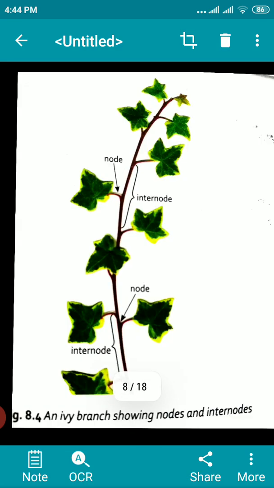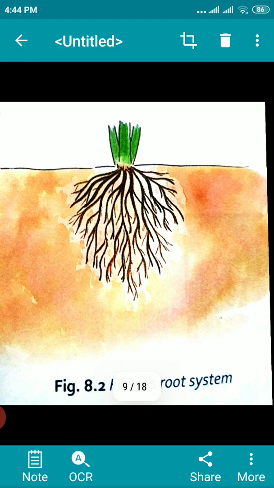Now let's see what are the functions of root system. The functions of root system are: the root has an important function, that is anchorage. It holds the plant in place in the soil, thus preventing it from being blown away by the strong winds.